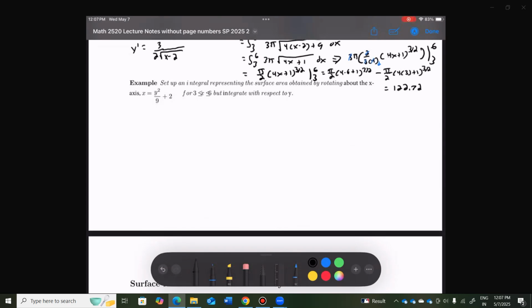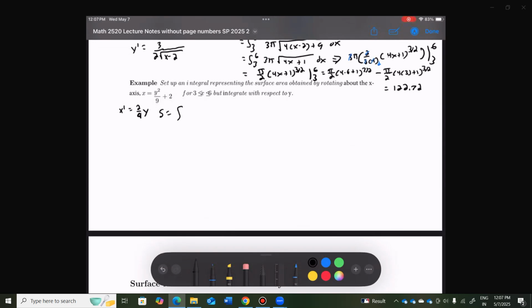Now, we can do this also by integrating with respect to y. And so here we have x as a function of y. We don't have to solve for x, but we do have to take the derivative, which will be 2/9 y. And so the surface area then becomes the integral.